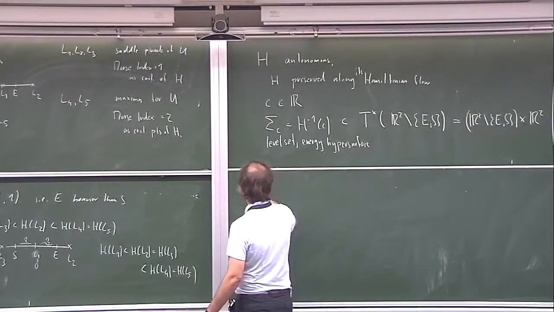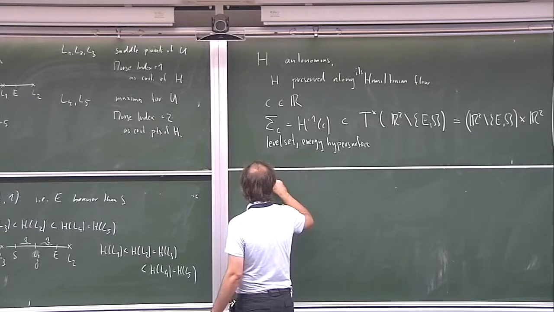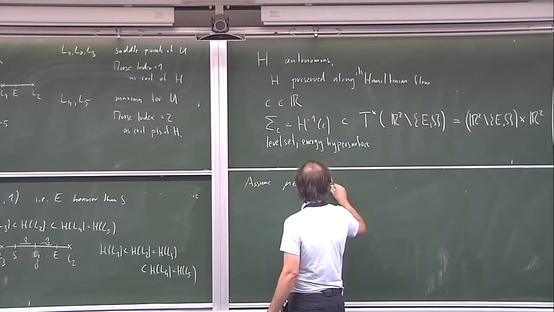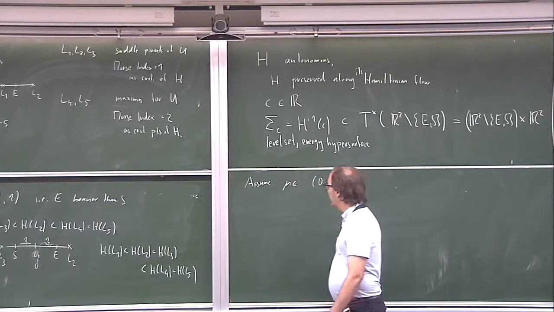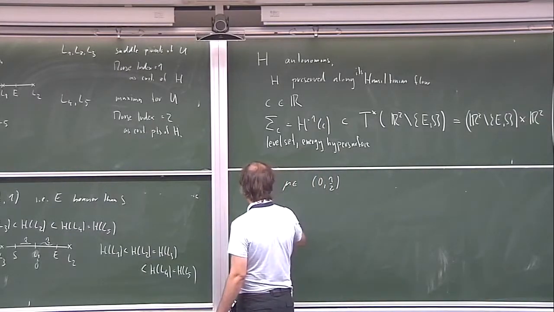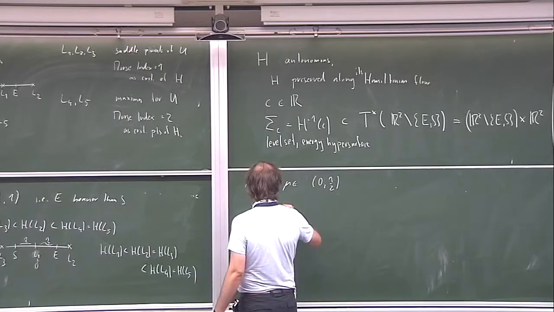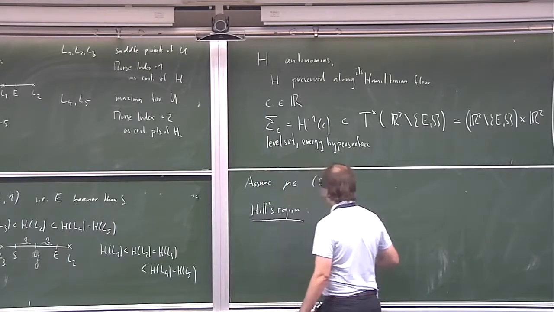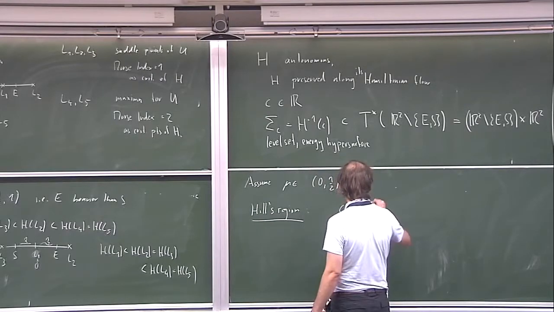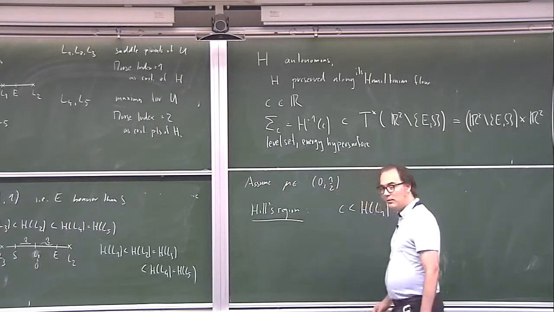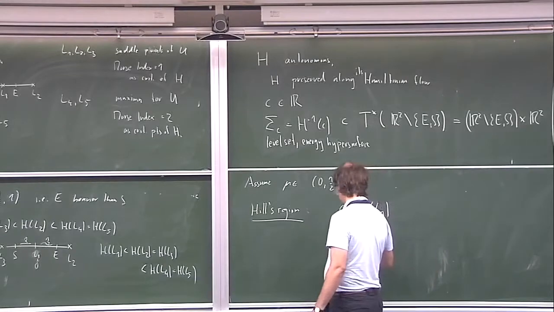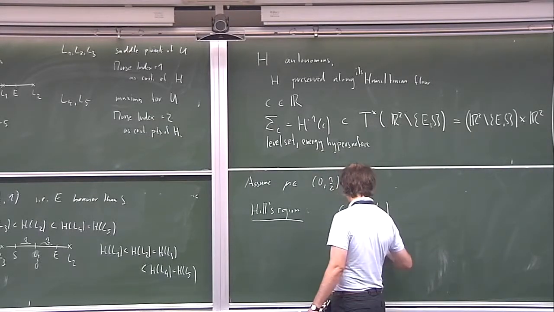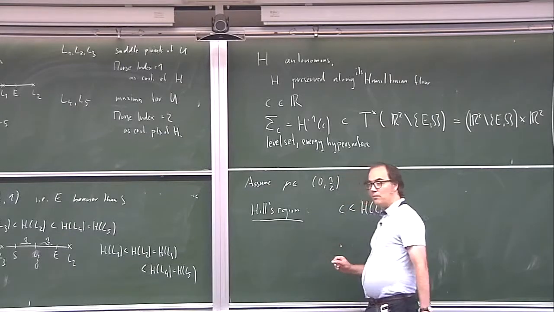So now let's assume mu is between 0 and 1/2. Then how does the Hills region look? First, if C is less than the first critical value, then we have 3 components.